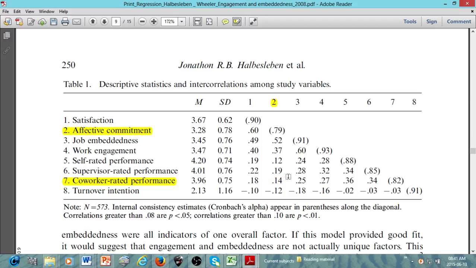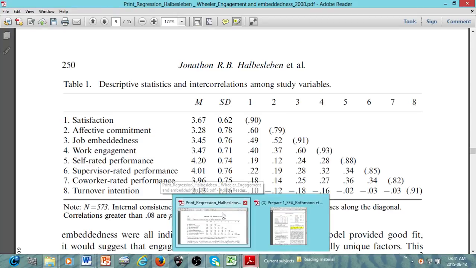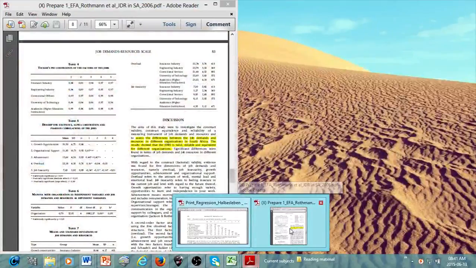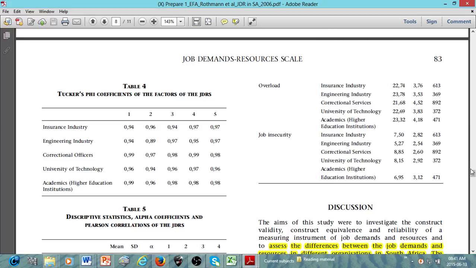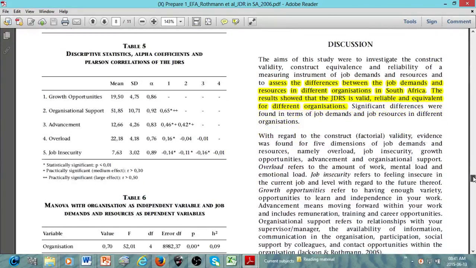Now let's quickly look at another example of regression. Oh, no, sorry, not regression, I mean correlation, I beg your pardon. Now don't worry about this stuff. Here we're looking at correlation coefficients between the variables of growth opportunities, organizational support, advancement, overload, and job insecurity.